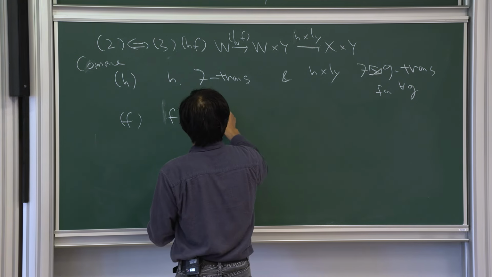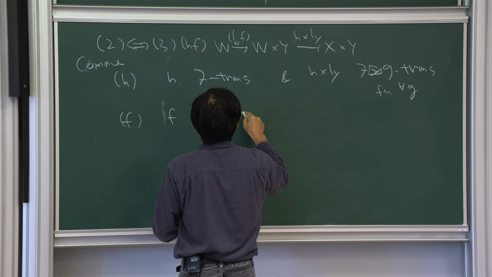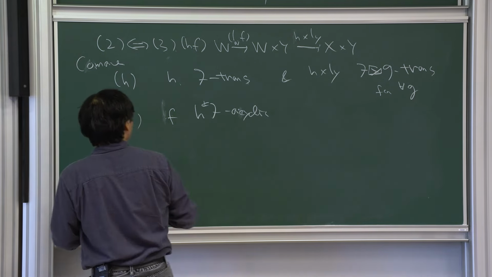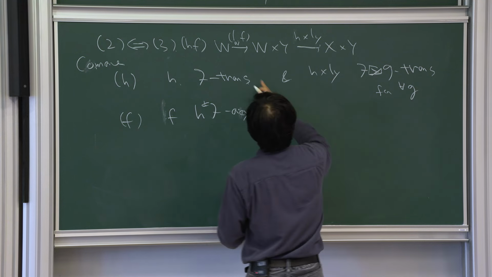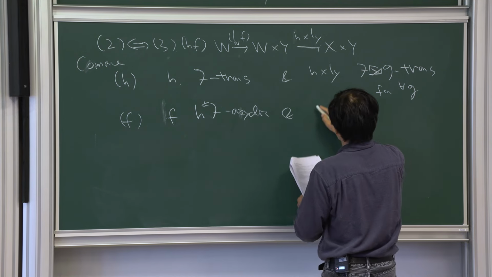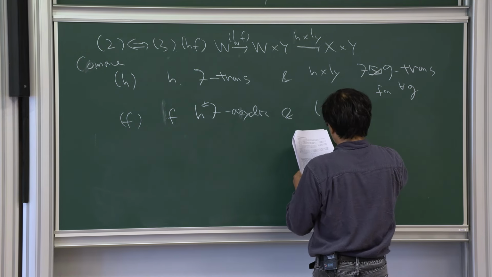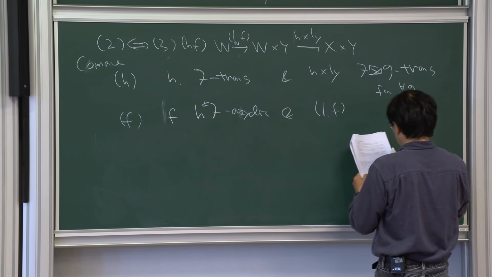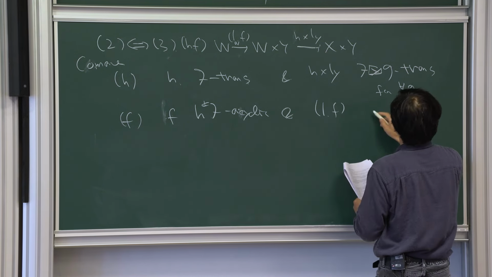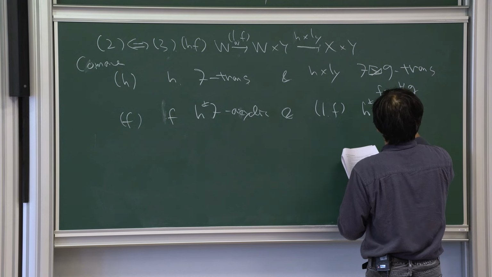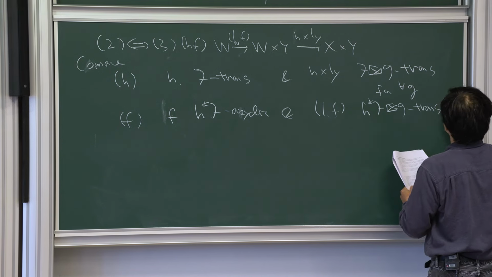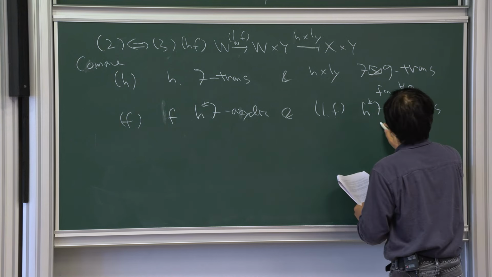H star F acyclicity of F, which is there, and here 1 F, H star F transversality of it.